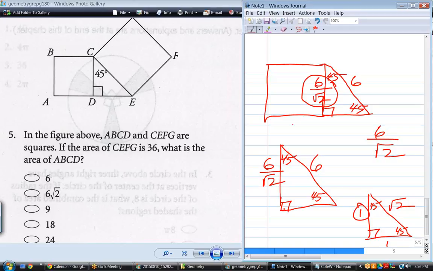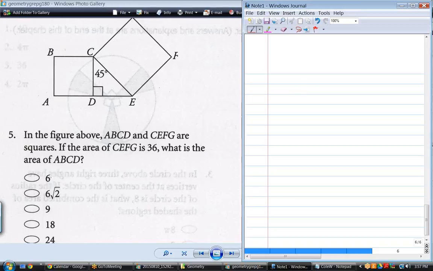Well, I don't need it to be rationalized in order to square it. By the time I get my final answer, it's going to be a rational number. If I square this, it's 6 times 6 and square root of 2 times square root of 2, so I get 36 over 2. So what is it, 18? 18 is the area. And I didn't need to worry about rationalizing this 6 over square root of 2.